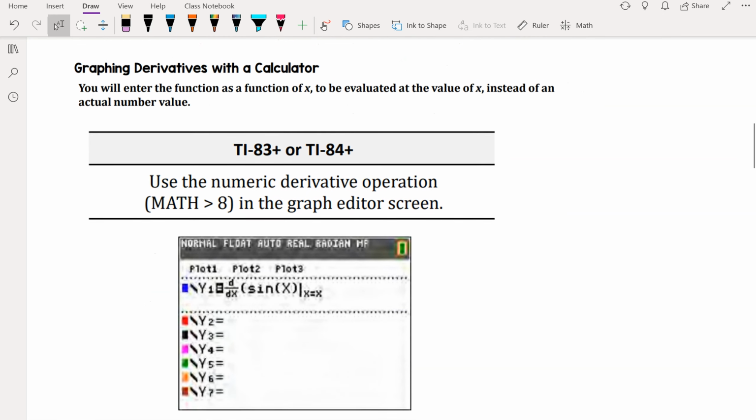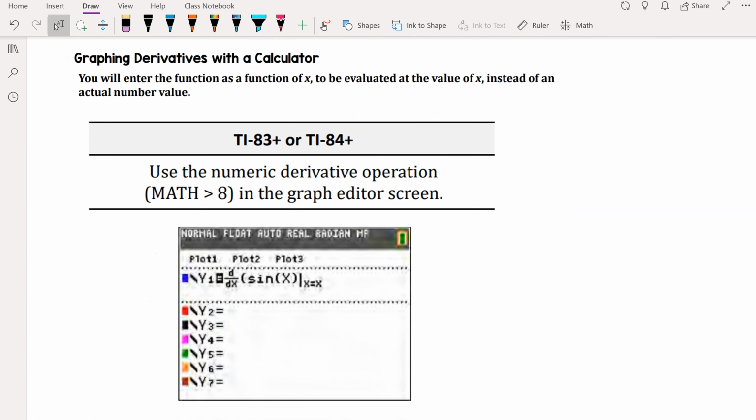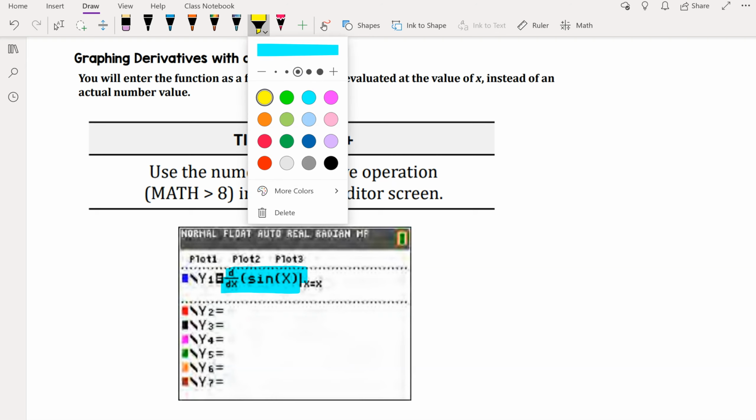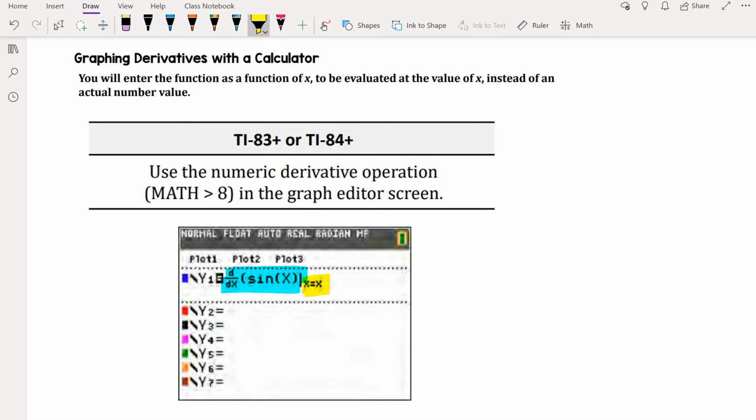Here are the instructions on how to graph derivatives with your calculator. You just put the derivative that you're trying to graph in the Y equals area of your calculator, and then you make x equal x. That's very important. X is going to equal x, not a number. We don't want the derivative at a specific number. We want to graph the whole thing.